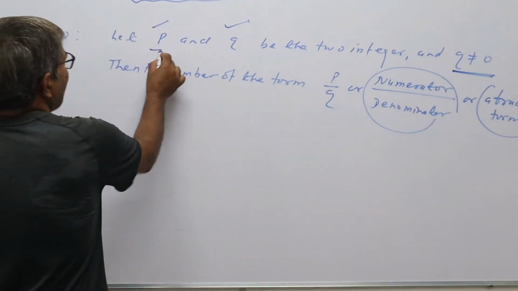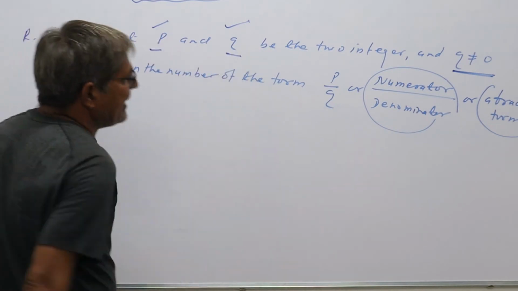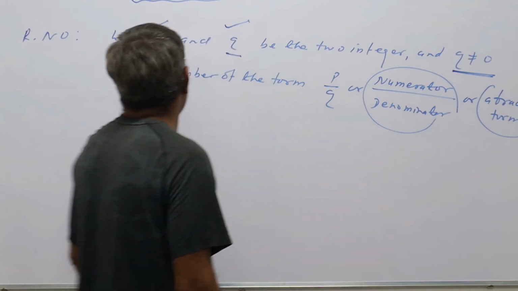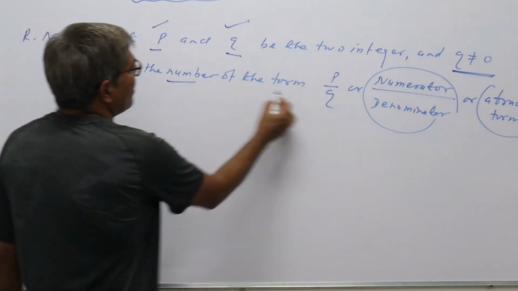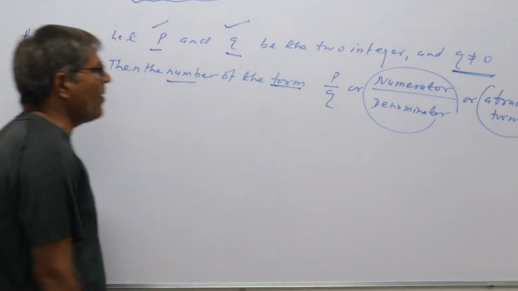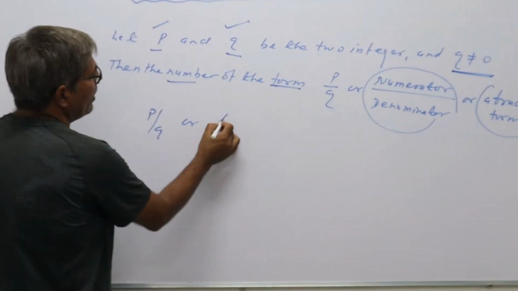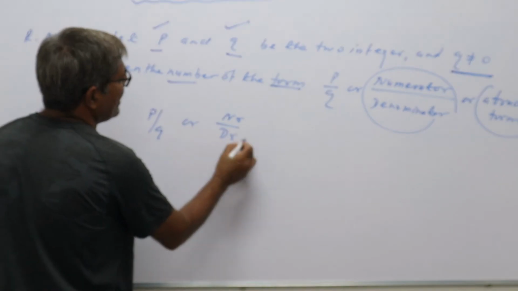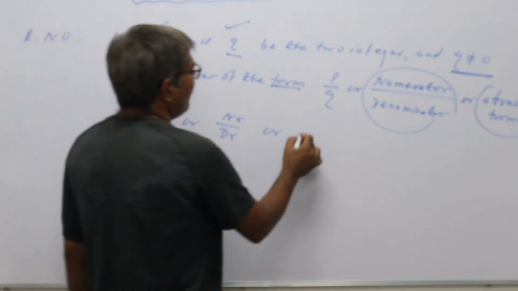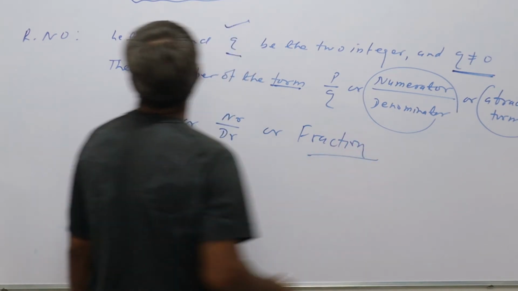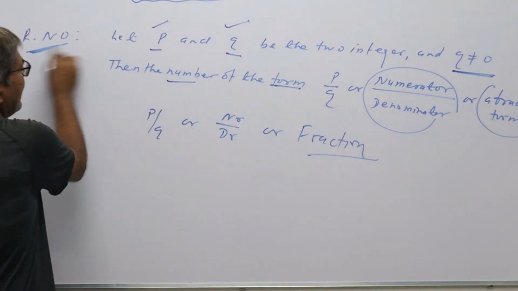So if p is one integer, q is another integer, and q is not equal to 0, then the number of the form p upon q, or numerator upon denominator form, or fraction form, is known as a rational number.